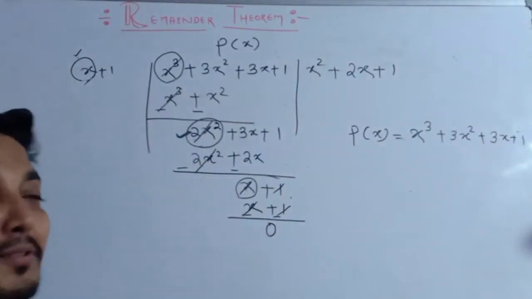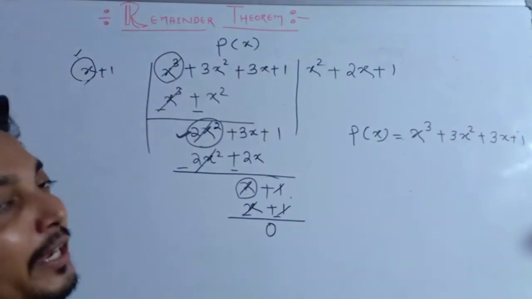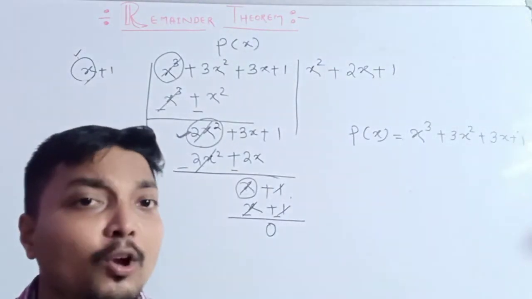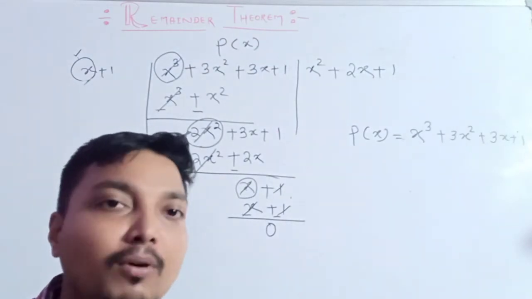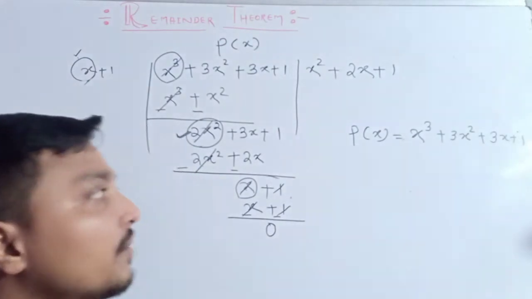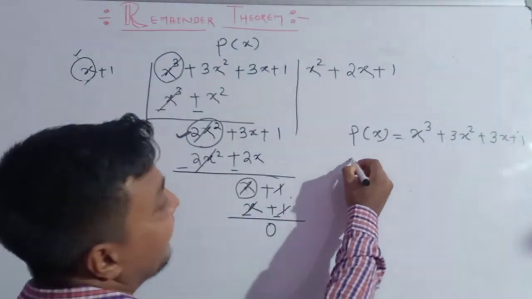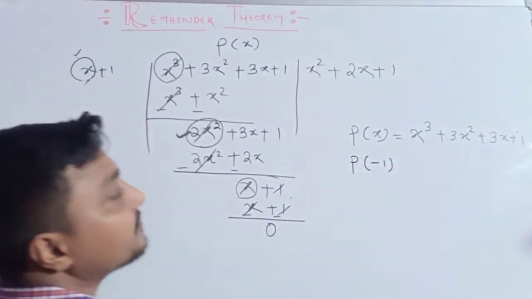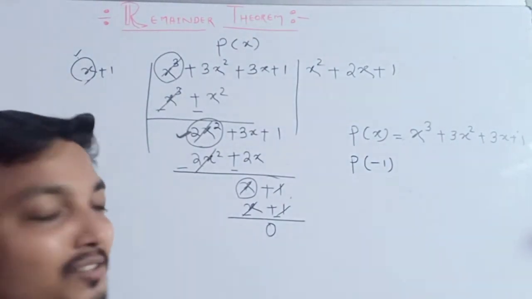Understood or not understood? Here the easy trick is, we know how to find the value of the polynomial at a point. So I am attempting to find the value of the polynomial at x equal to minus 1.